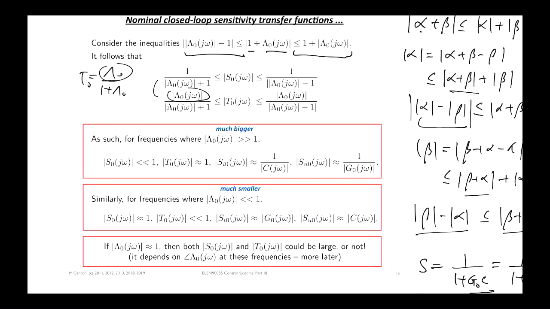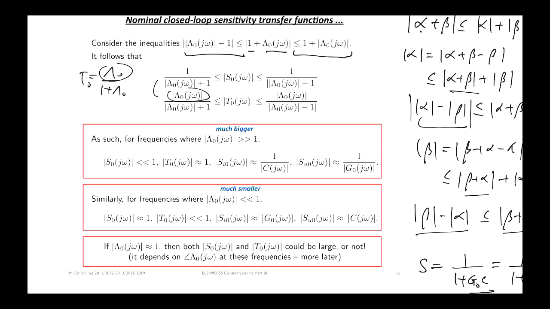You can see from these bounds that when lambda is much bigger than 1, we get our upper bound for the magnitude of S being very small, because this will be a big number. You take 1 away from it, it's still a big number. 1 divided by a big number is small.